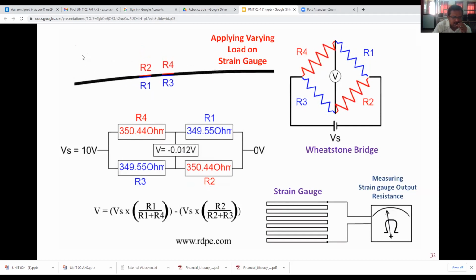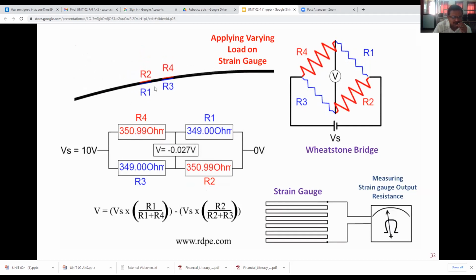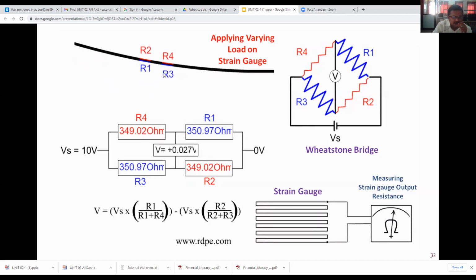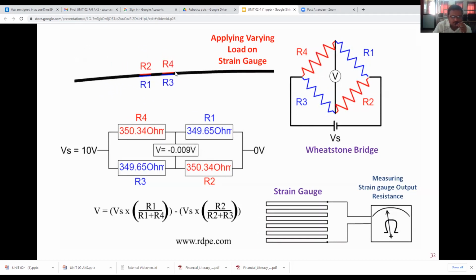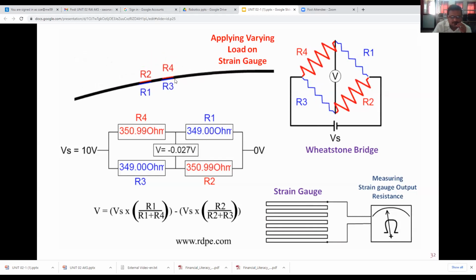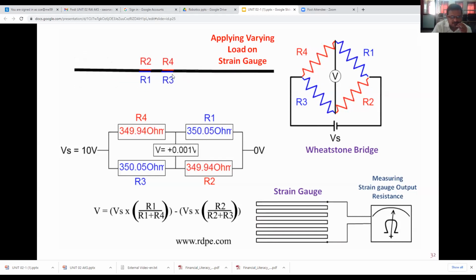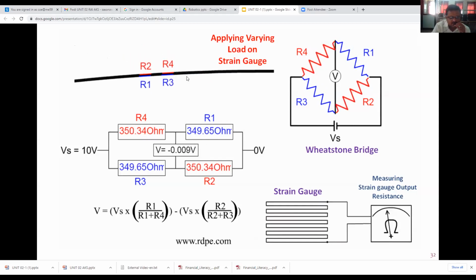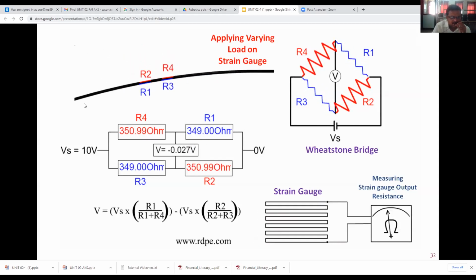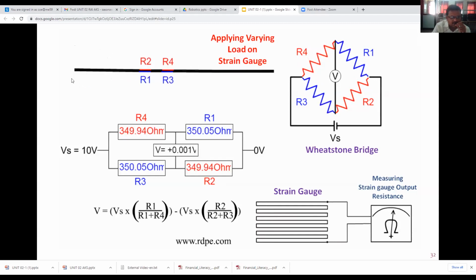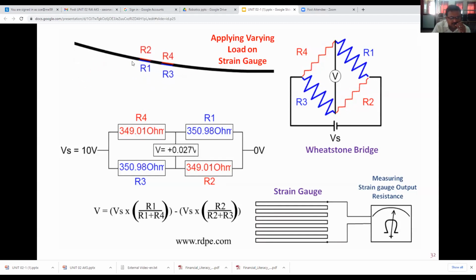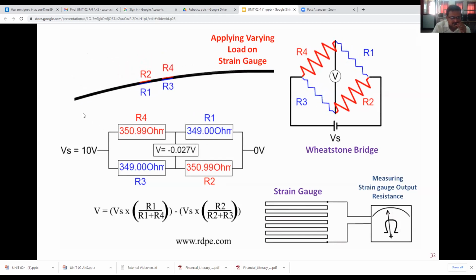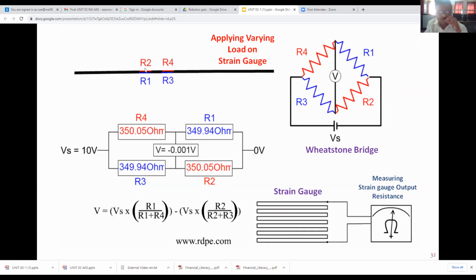Now you just see, whenever force is applied, these strain gauges will be either in tension or in compression. Therefore two types of stresses are induced, the compressive stresses or tensile stresses, depending on the type of bending. That is, if the beam is going in the upward direction, compressive stresses are induced. If the beam is going in the downward direction, tensile stresses are induced in R2 and R4.